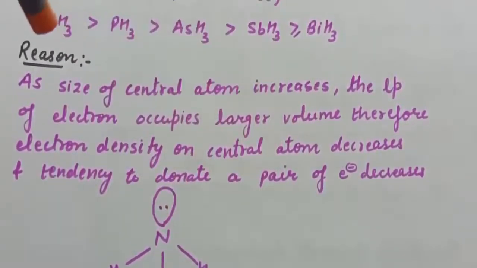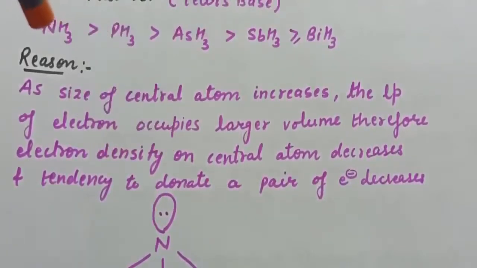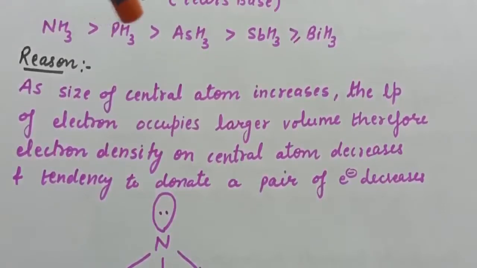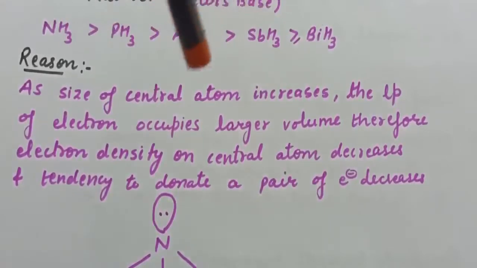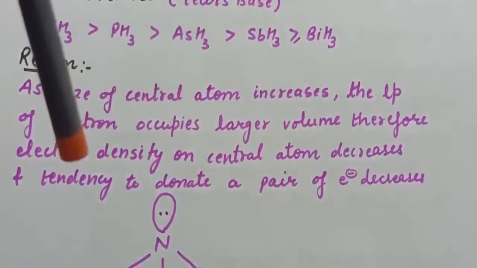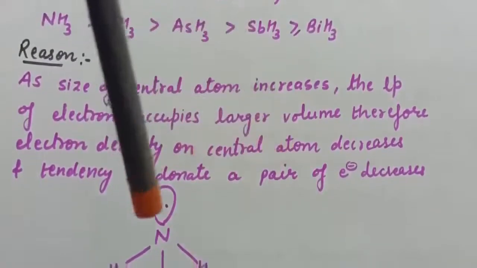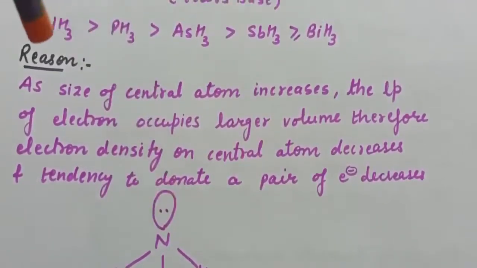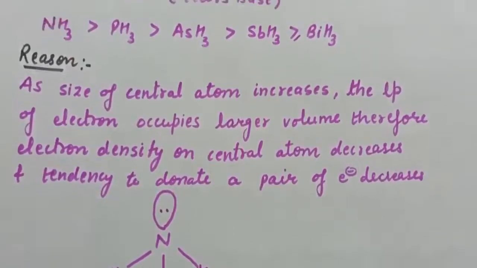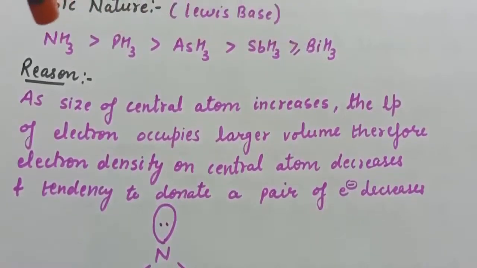That is, when we move from nitrogen to bismuth, through phosphorus, arsenic, antimony and bismuth, the electron density on the central atom decreases, and therefore the tendency to donate a pair of electrons also decreases, because the electron density occupies a larger volume. That is why the basic strength decreases when we move from nitrogen to bismuth. So among these hydrides, NH3 is the strongest Lewis base.